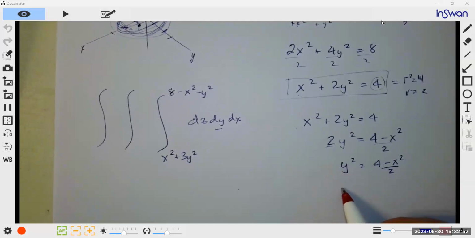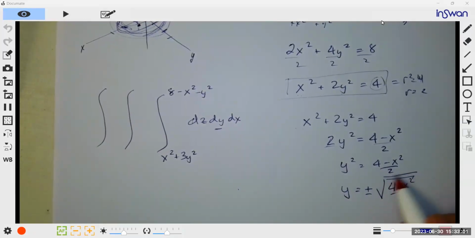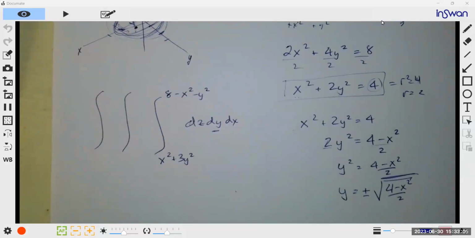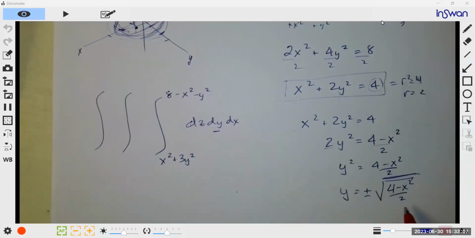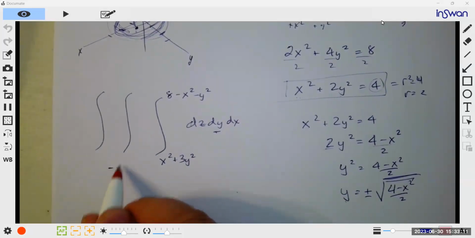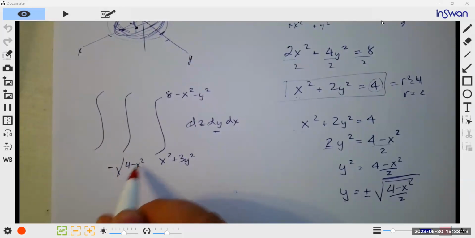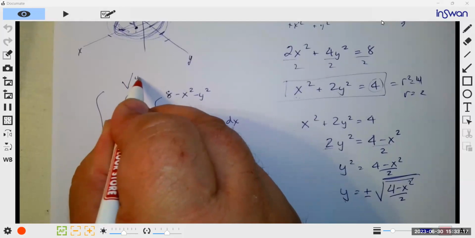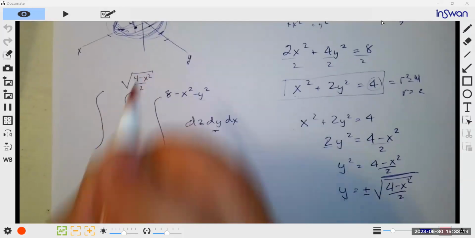And square root both sides: plus or minus the square root of 4 minus x squared over 2. So those are the bounds of our y variable: negative square root of 4 minus x squared over 2, to positive square root of 4 minus x squared over 2.